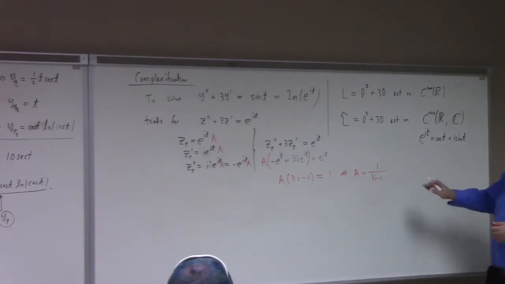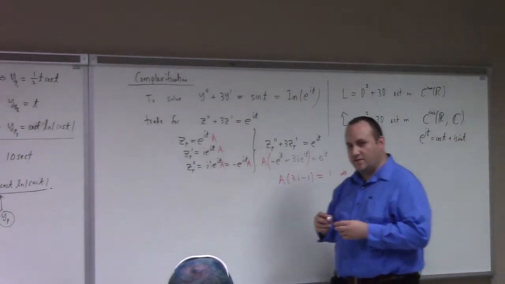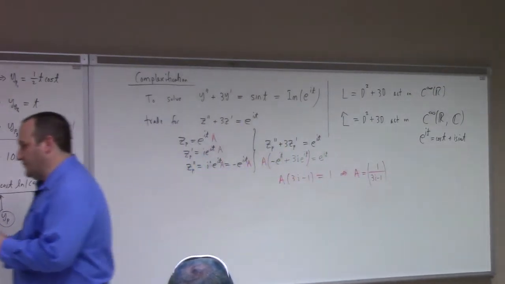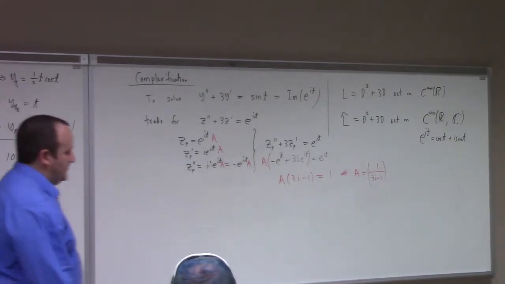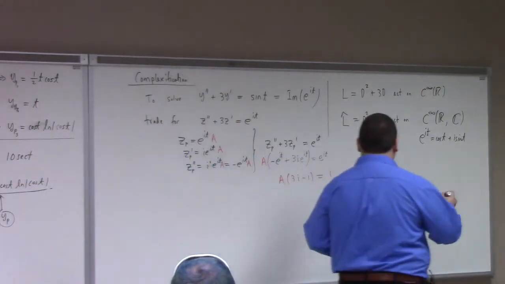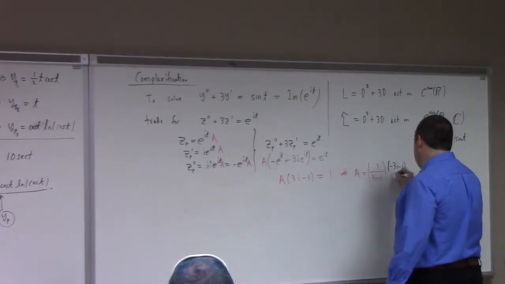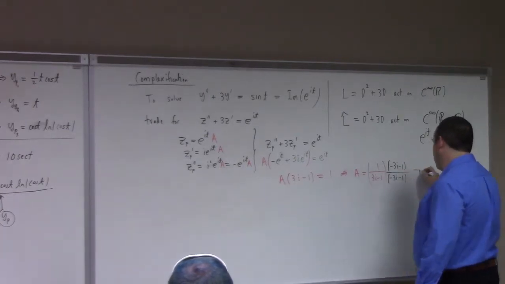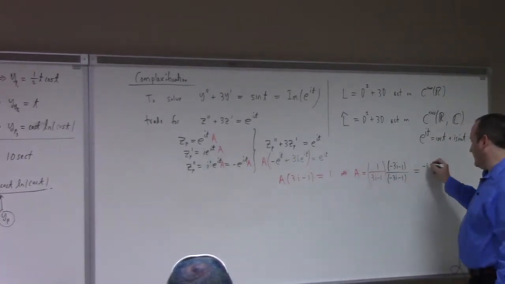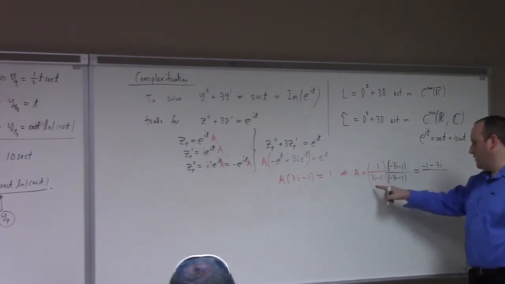How do you do that? Multiply by the conjugate over the conjugate. It's the complex analog of rationalizing a root. So we do minus 3i minus 1 divided by minus 3i minus 1. So I get minus 1 minus 3i upstairs, and downstairs I have 10.